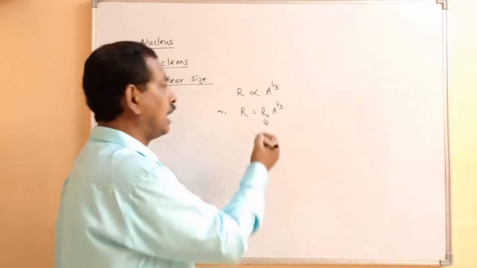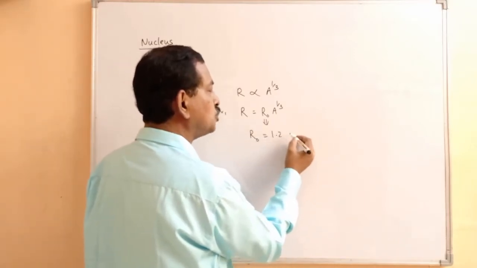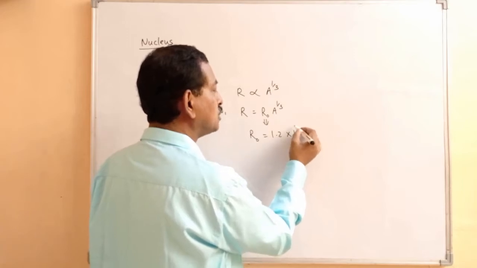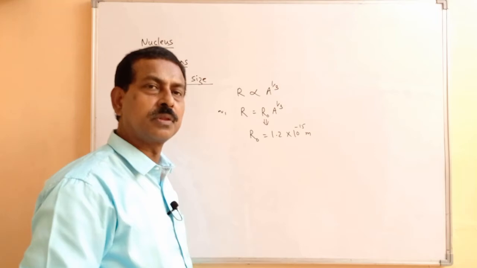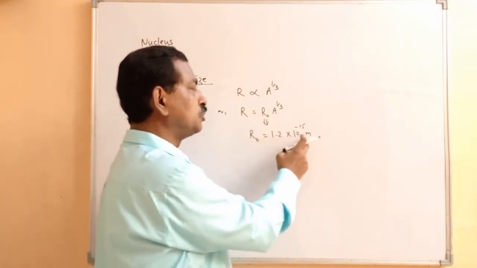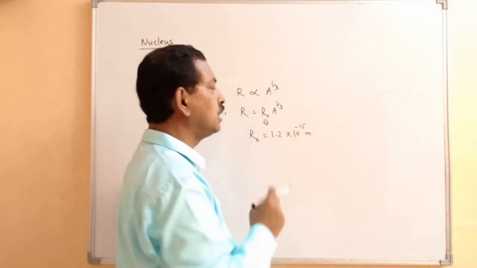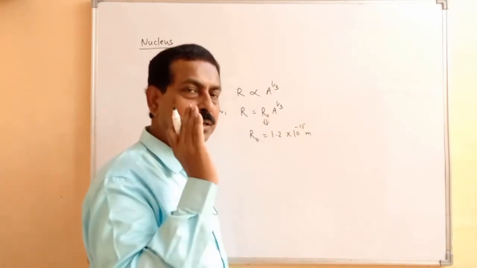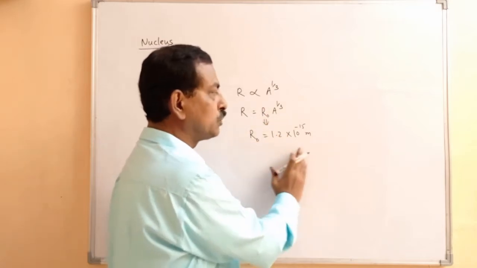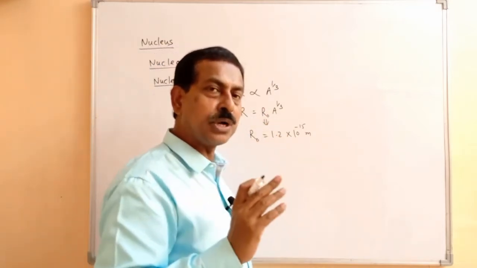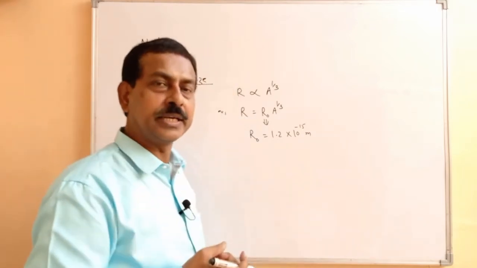But normally, as an average, R naught is taken as 1.2 Fermi. So it is 1.2 into 10 to the power minus 15 meter, that we take as the average value for R naught. But again, do remember that the value ranges from 1.1 to 1.3 Fermi, depending upon what type of nucleus we are taking.